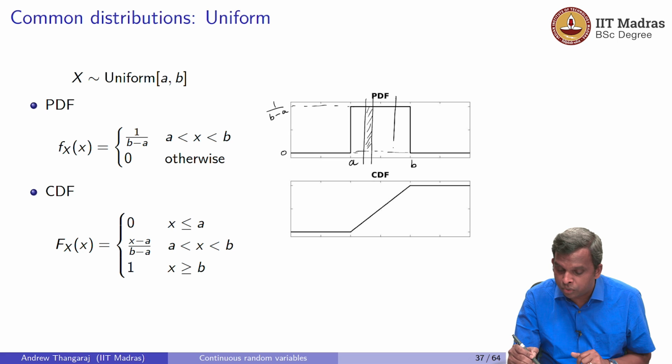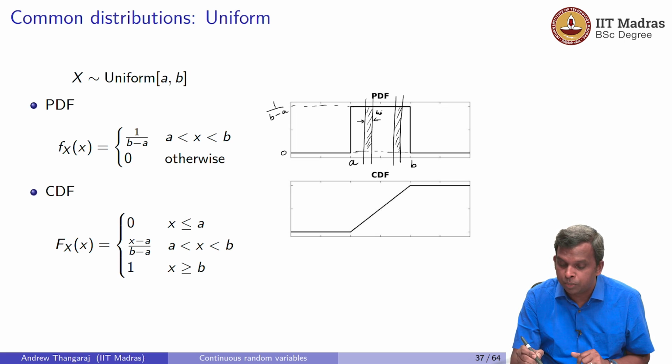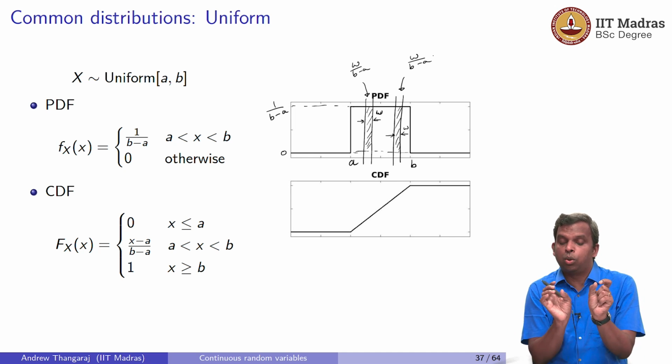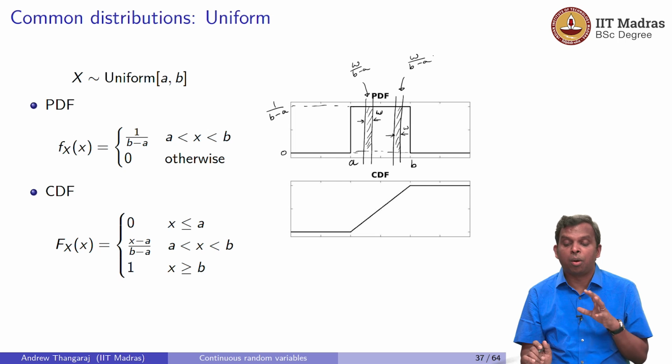As long as the width of the interval is the same, wherever you situate it, you will get the same area. So if this width is w, and this is also w, the probability of X here is w by b minus a, and the probability of X here is also w by b minus a. So wherever you situate this window of width w, you're going to get the same probability. That's the uniform distribution.